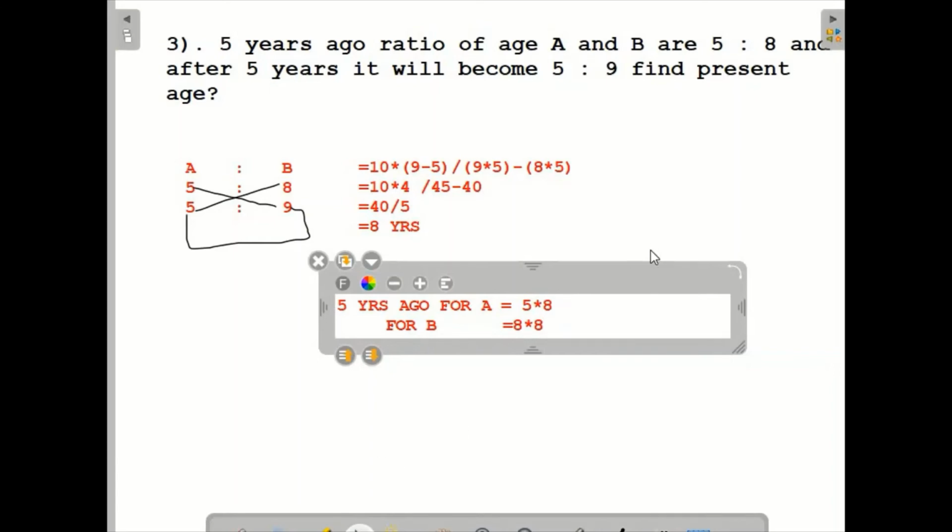So it is 5 into 8, it is 40. 8 into 8, it is 64.